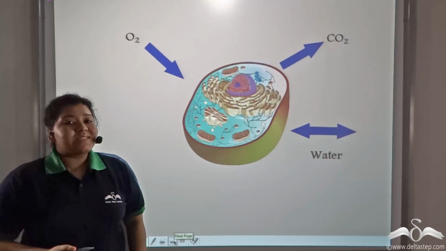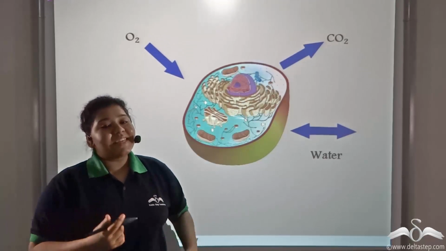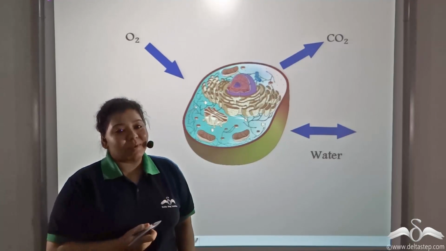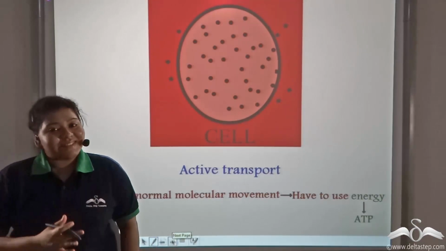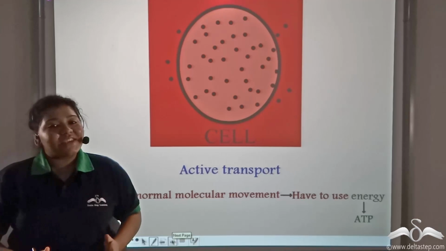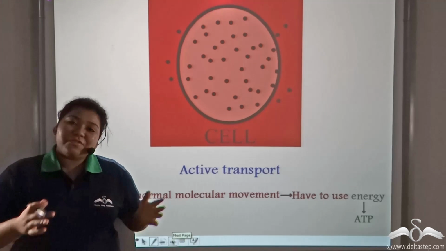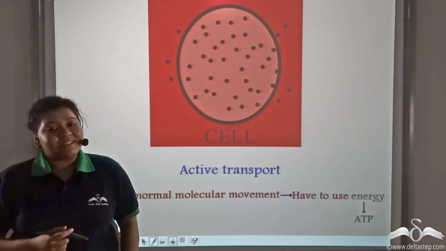So through osmosis, cells either take up water or release water into the surroundings. So we've seen that in diffusion and in osmosis, molecules move from a region of high concentration to a region of low concentration.